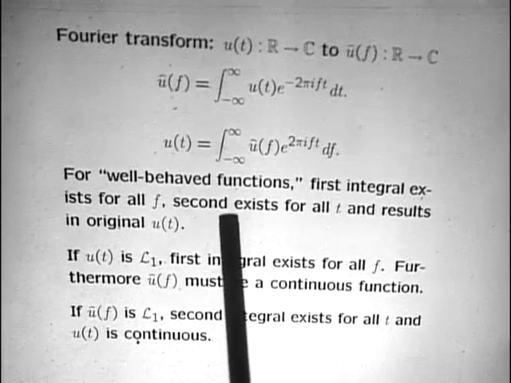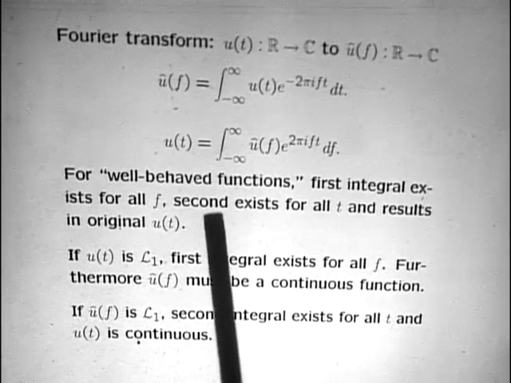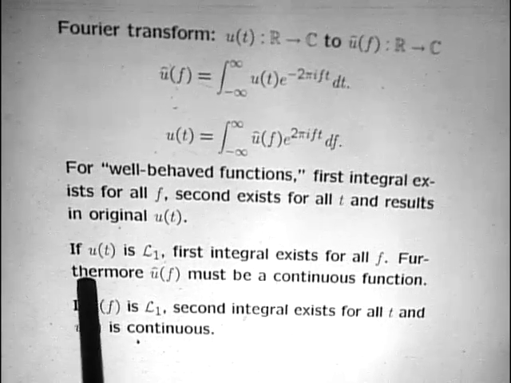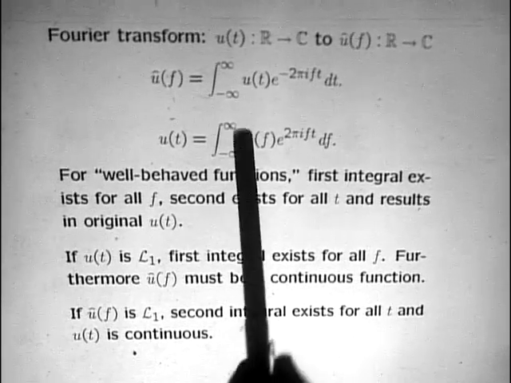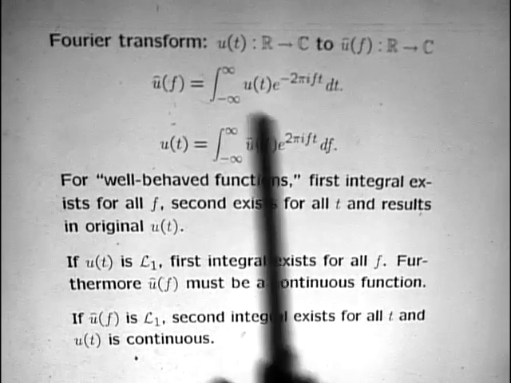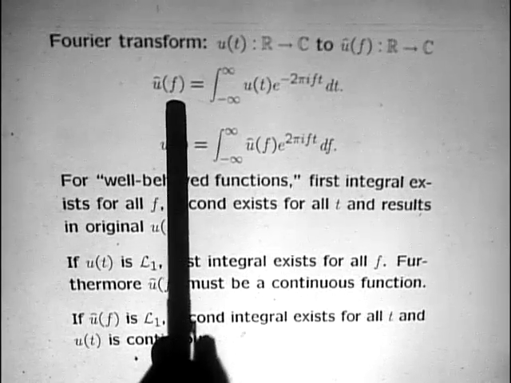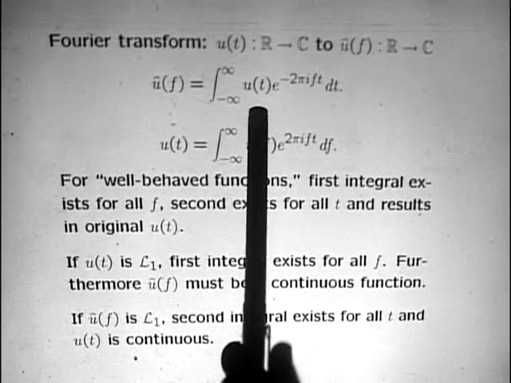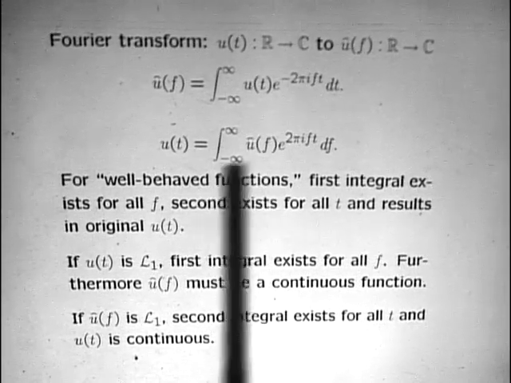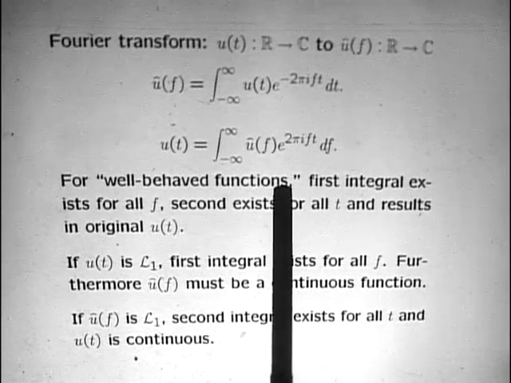And you have no idea of what kinds of functions the Fourier transform exists for and what kinds of functions it doesn't exist for. There's another thing buried in here in this transform relationship. Namely, the first thing is we're trying to define the transform, a function of frequency, in terms of the function of time. Well and good. Then we try to define a function of time in terms of a function of frequency.